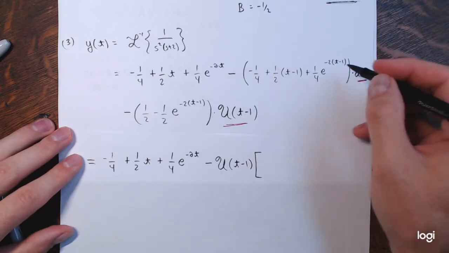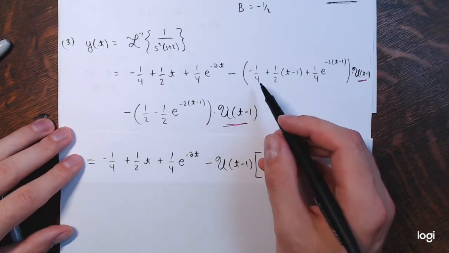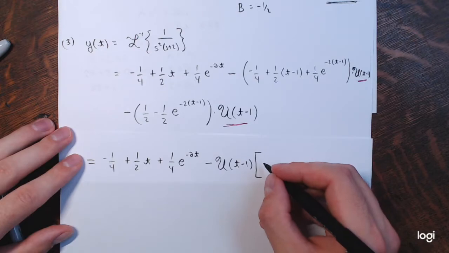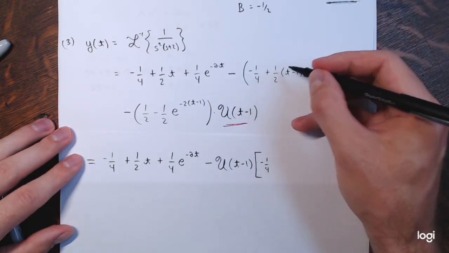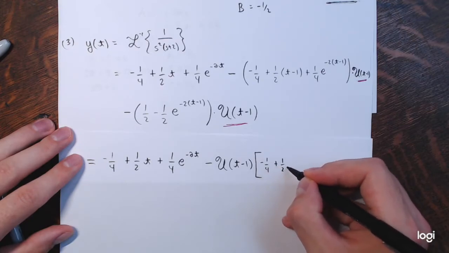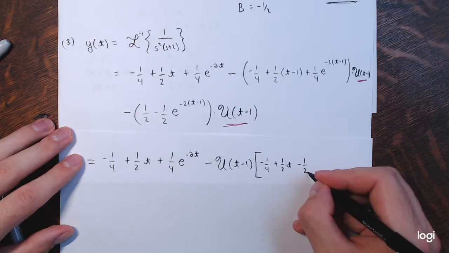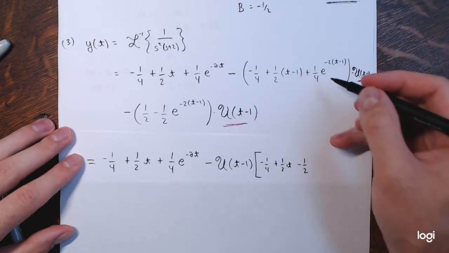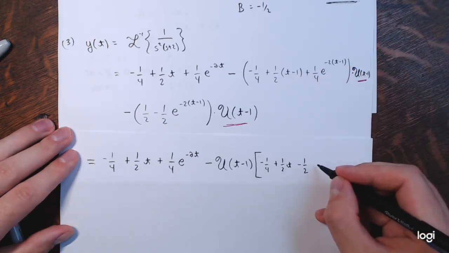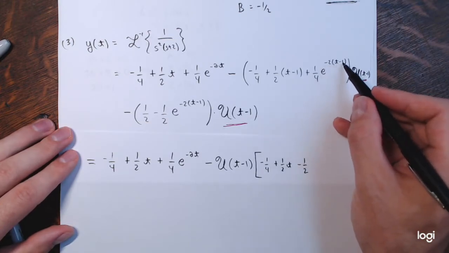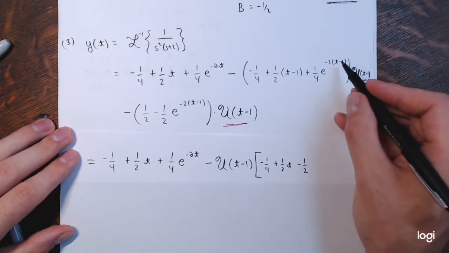When I pull out the minus unit step function at t minus 1, I'm left with negative 1/4 plus a half t minus a half and plus a fourth e to the 2 minus t.